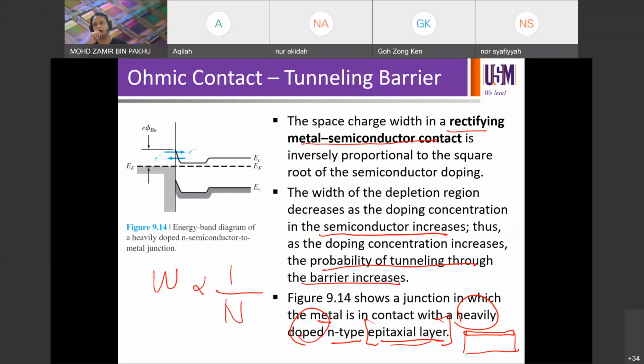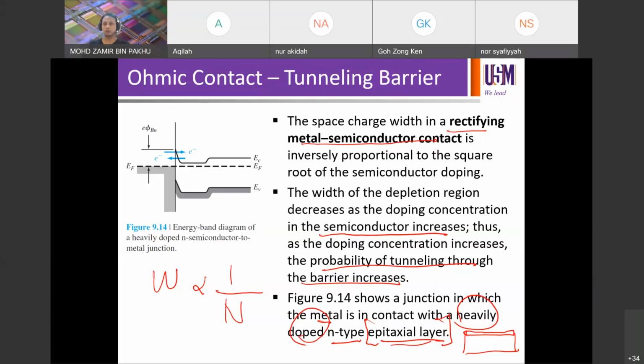But the epitaxial deposition process involves depositing layer by layer of the intended materials on the substrate. Therefore, we have better control of the uniformity, the crystalline structure, and other properties of the material in the epitaxial layer deposition.